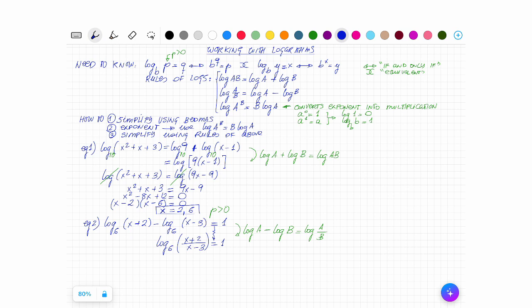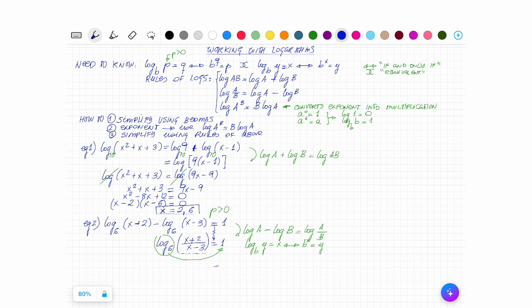And now if that happens, this is what I need to remember: the idea of the logarithm. What is the concept? Log in base b of y equals x if and only if b to the x equals y. So if I've got in this side that the logarithm in base 6 of all of that equals 1, I can move it as the exponent, 6 to the power of something.